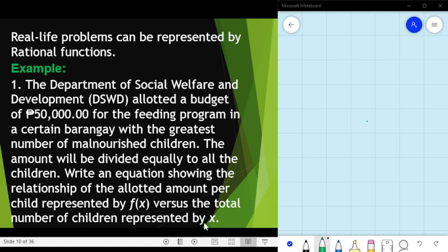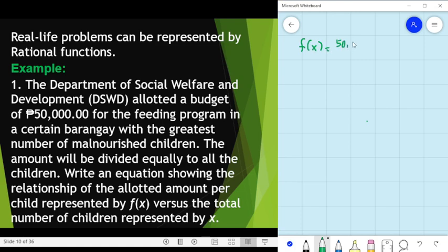So since we represented the number of children by x, therefore we can represent that situation by using f of x is equal to 50,000 divided by x.